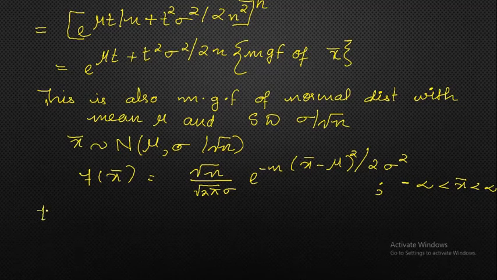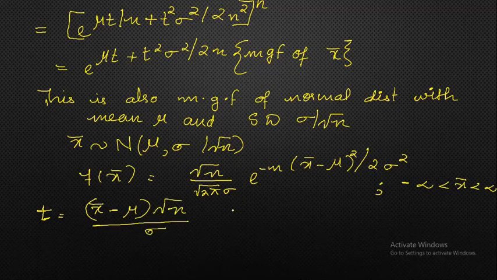Also, let t be a variable, and you can write t as (x bar minus mu) into root n divided by sigma. You have studied z equal to x minus mu by sigma. Similarly, t is equal to x bar minus mu divided by sigma by root n. Here I am standardizing the random variable x bar.